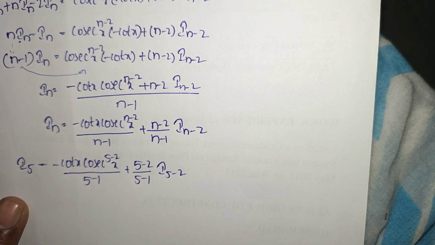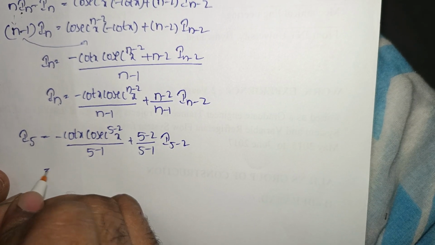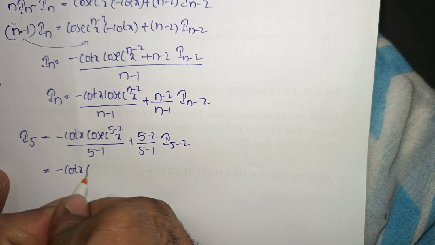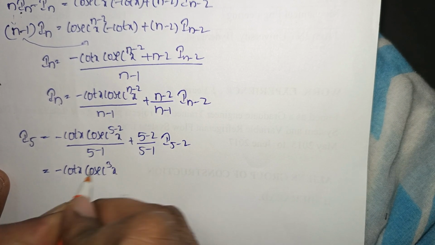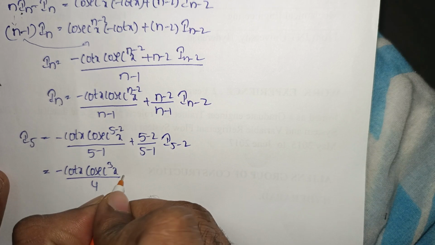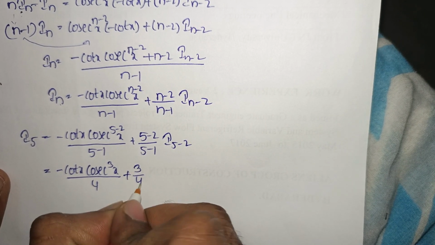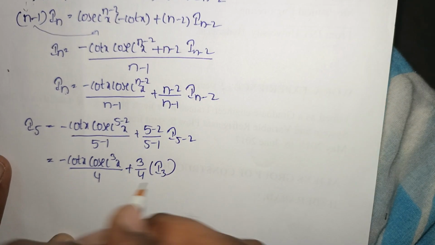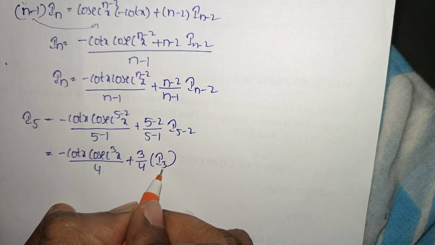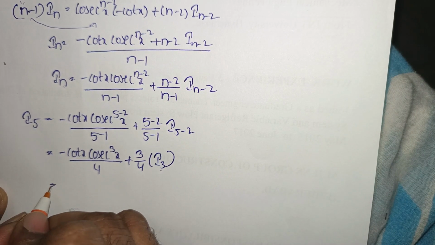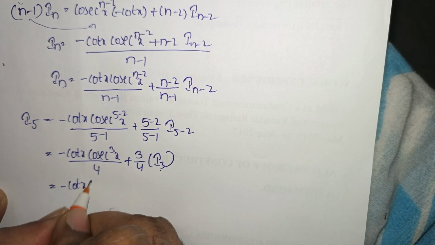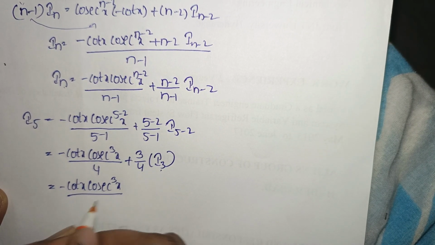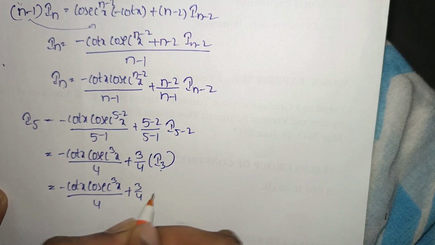Next, I_5 is equal to minus cot x cosecant to the power of 5 minus 2, which is nothing but cosecant cube x, by 4, plus 5 minus 2 is 3 by 4 I_3. Now again, wherever n is present, replace it with 3: minus cot x cosecant to the power of 3 x by 4 plus 3 by 4.